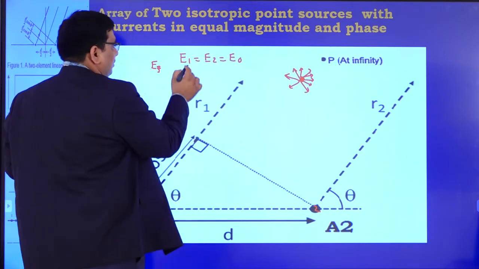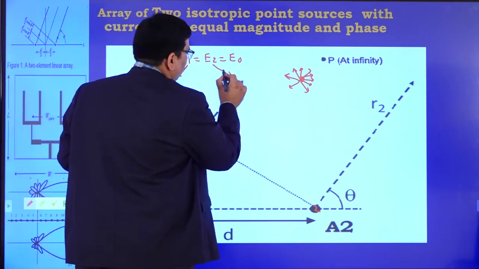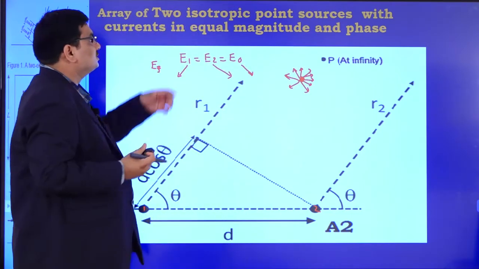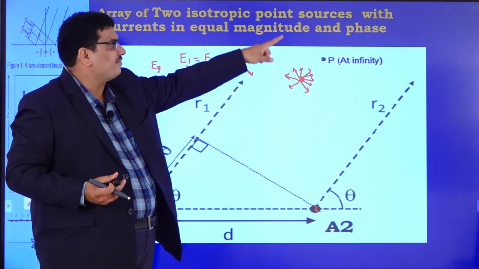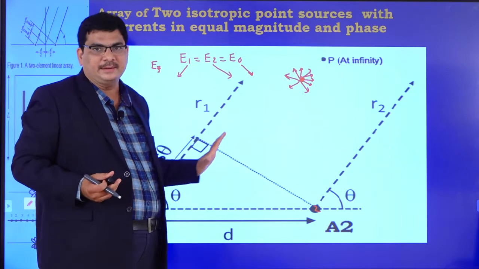This is the magnitude at element 1 and this is the magnitude at element 2, because we are saying both have equal magnitude. The phase is also the same for both elements.